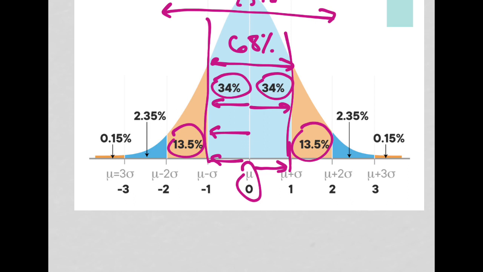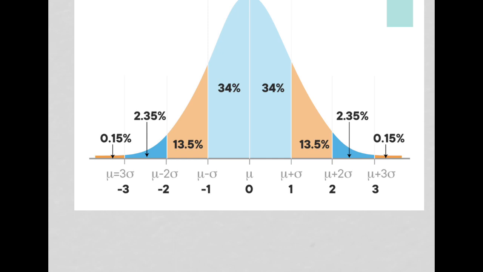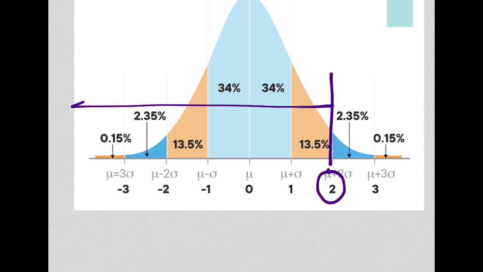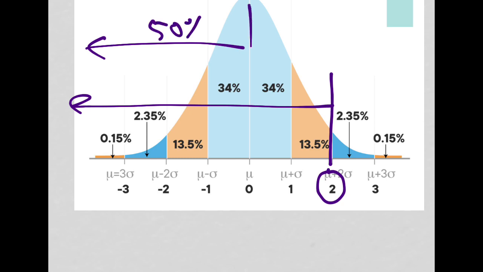So for instance, let me erase all of my ink. But for instance, if I asked what percent of the data can we expect to lie below 2 standard deviations of the mean? Well, we know that the mean here, you should expect 50% over here. So I don't even need to add this much because the middle line, of course, is the mean and the median and the mode.